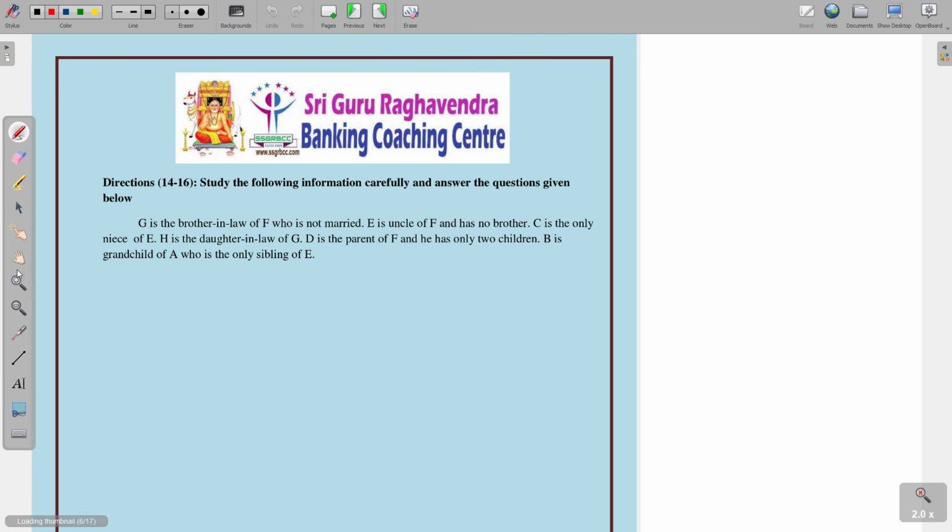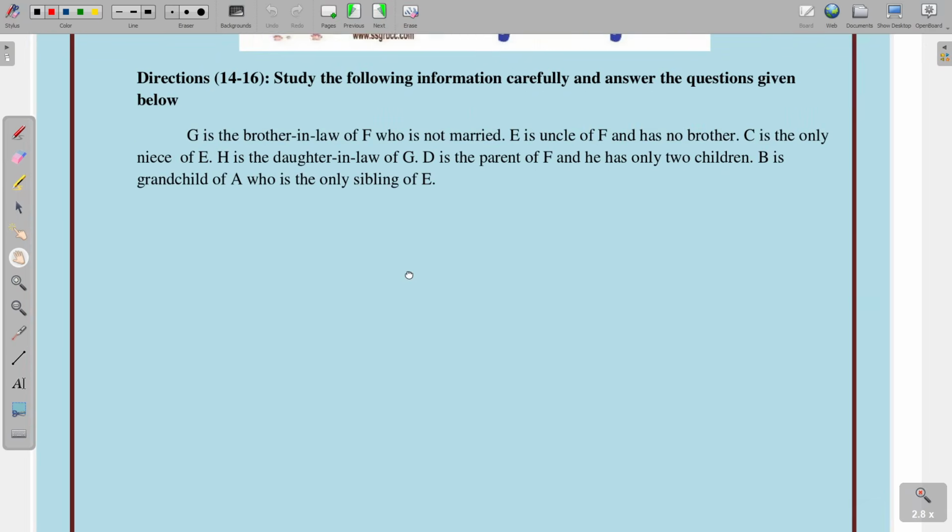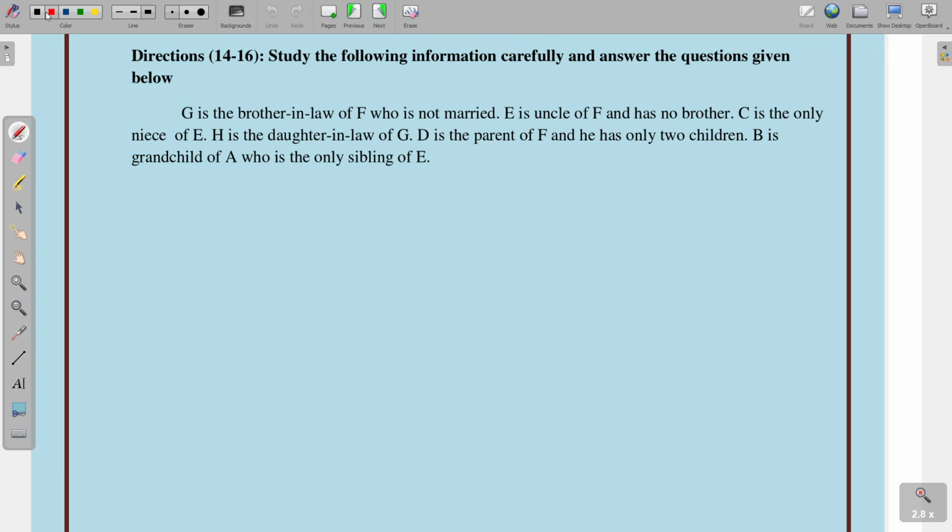Next, questions 14 to 16, the blood relation puzzle. G is the brother-in-law of F, who is not married. So G is the brother-in-law of F. G is a male candidate. F is not married in the sense F has a sister.